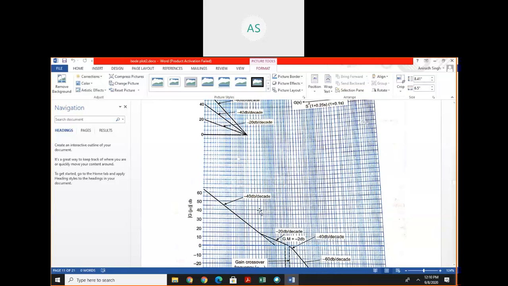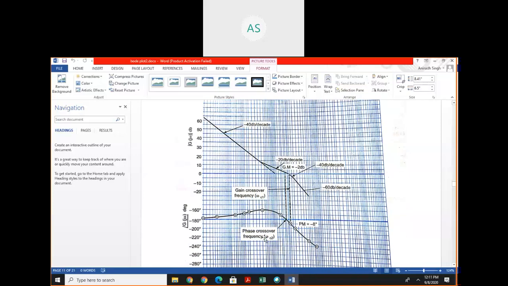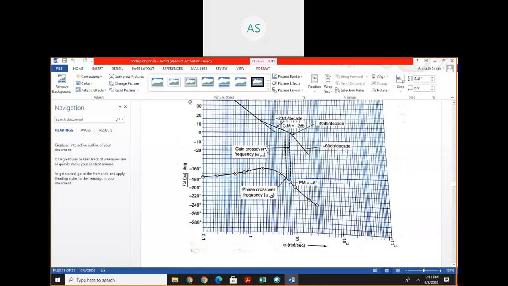So the slope of this minus 40 dB per decade line changes from minus 40 to minus 20, because at this corner frequency the zero is activated.